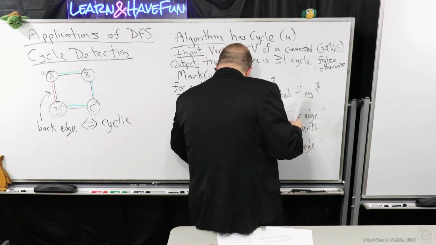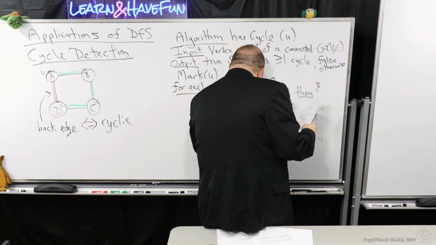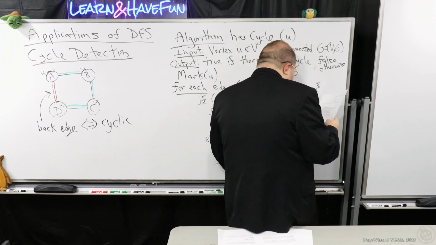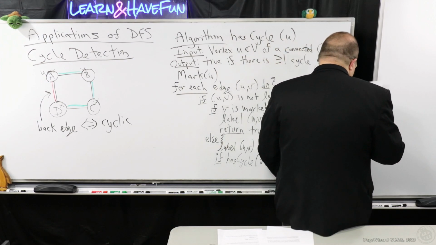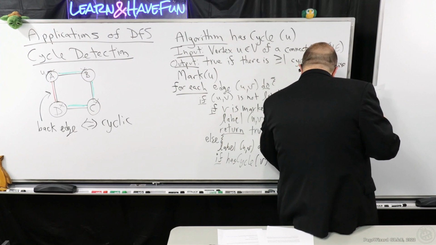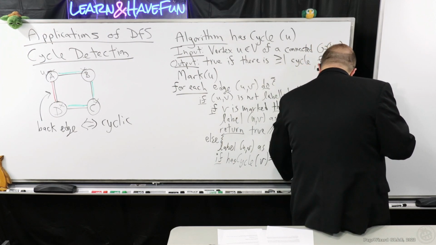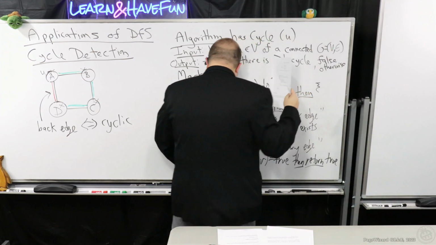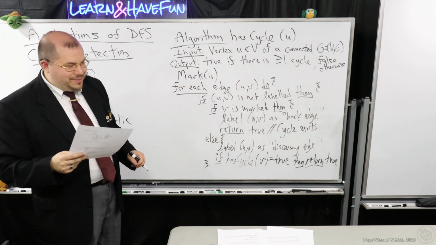I can say if hasCycle, which is the name of our algorithm here, if hasCycle and I pass it along V returns true, then you can return true. So this will prohibit you from continuing your search as soon as you find a cycle.